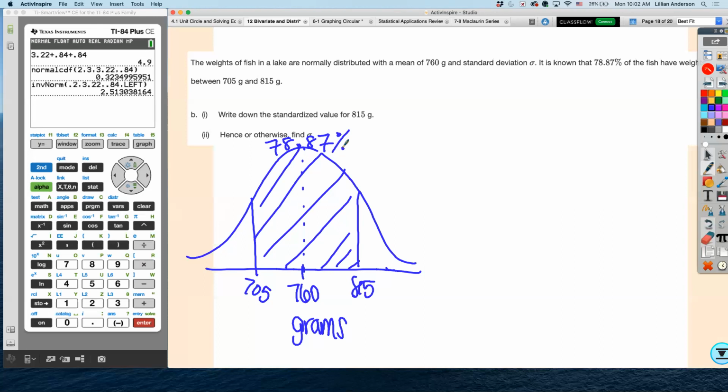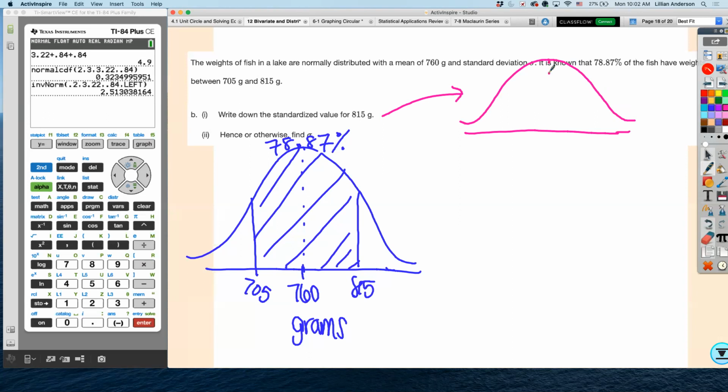So they're equally away from the mean, which means I can answer part B, I, and double I. It says write down the standardized value for 815 grams. This is when you go into your calculator and you do inverse norm with the mean of 0 and standard deviation of 1. Why is that?